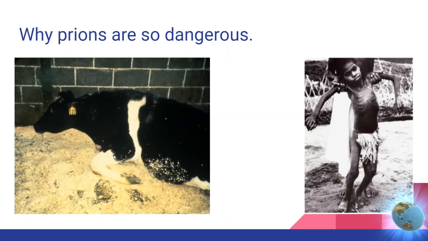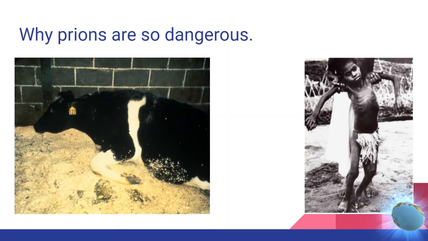This disease works almost the same as mad cow disease. It causes a decline in brain function and weakening of the body. It's not as evident for mad cow disease in the picture, but you can see to some extent the effects in the picture of Kuru with the malnourished boy.